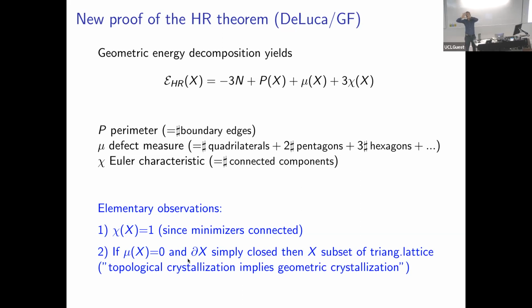And so the only way you can form a connected set out of equilateral triangles is rigid. Every triangle that you put onto an existing triangle, the angles are somehow quantized, so you can only tile it this way. So in that sense, topological crystallization implies geometric crystallization.